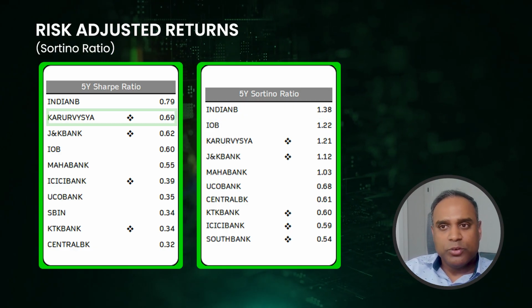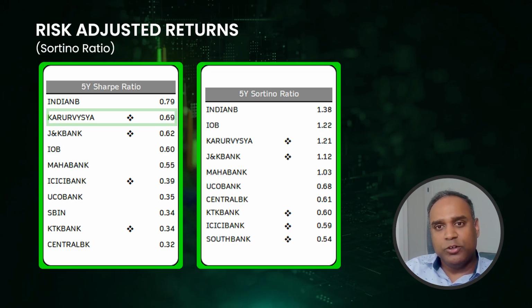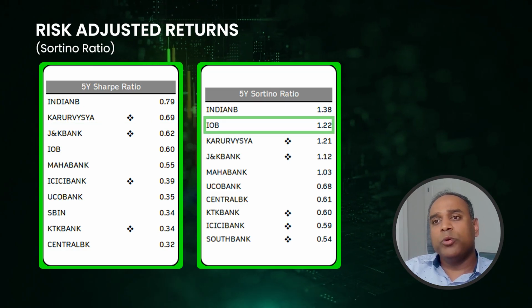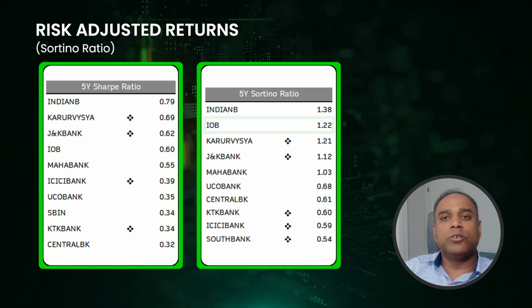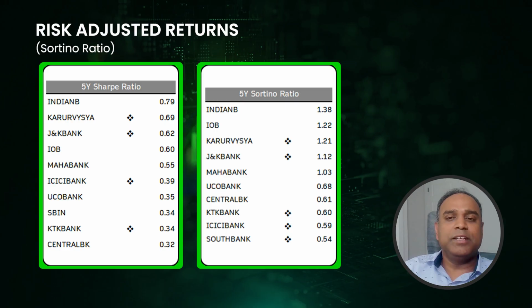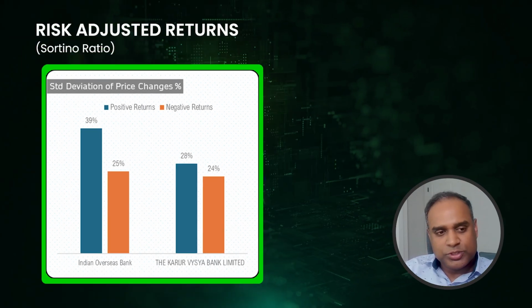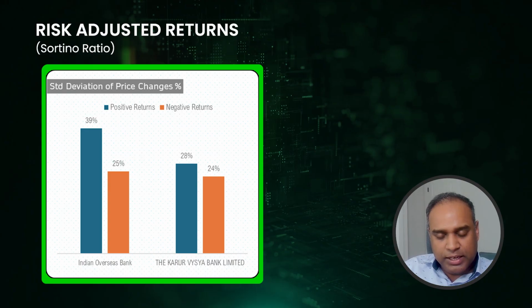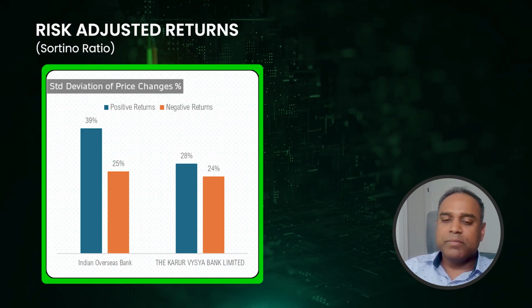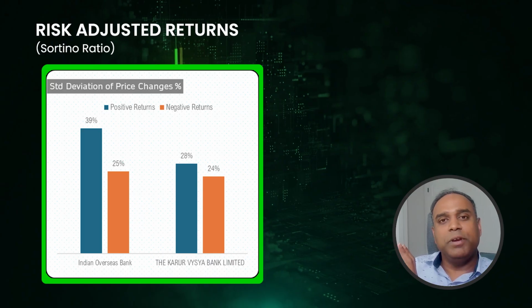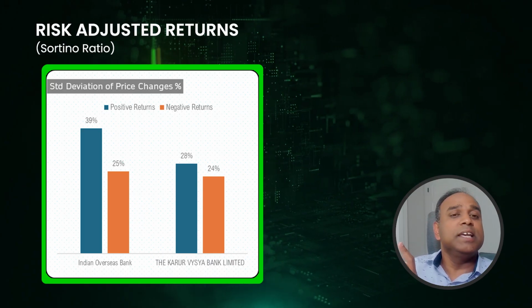I should have compared with Karur Vysya Bank. Karur Vysya Bank 0.69 to 0.6. There is some difference. But here on the Sortino ratio, IOB is 1.22 and Karur Vysya is 1.21. So it jumps. So now, what does this mean? Why is this happening? Let's take a closer look at this. The bottom chart shows, for example, the Indian Overseas Bank, and I'm looking at the fluctuation only for positive changes, meaning price increases.